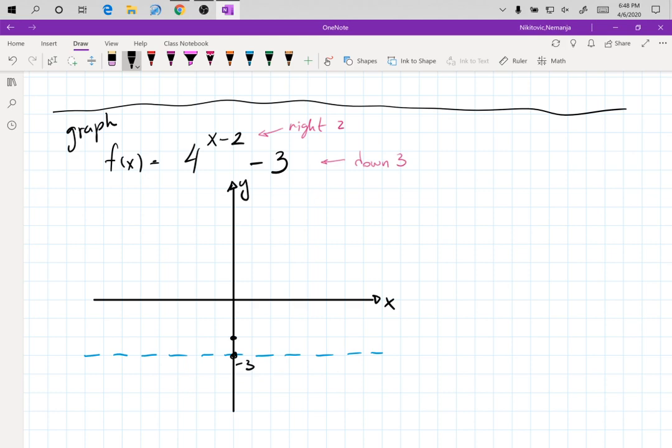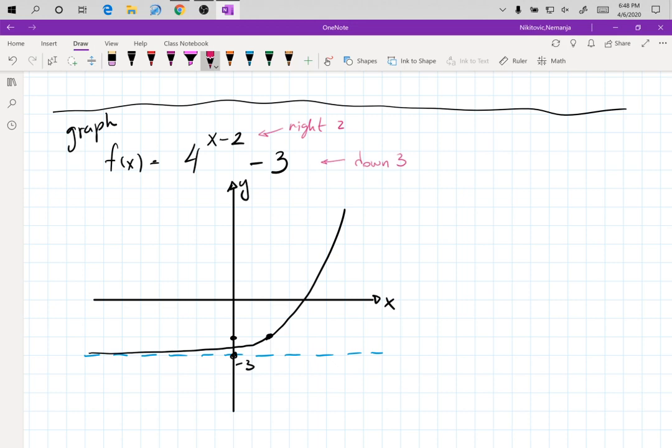But I need to go 2 units to the right, because we also have a horizontal shift. So the graph would come in following and then shoot to this point and create an x-intercept as well.